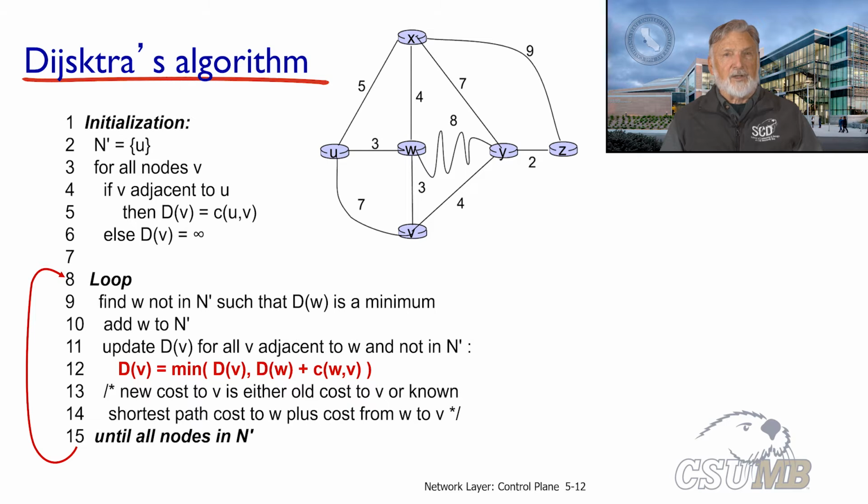Compare the newly calculated tentative distances to the currently assigned values and assign the minimums as the new tentative distances. Loop back to step 8. Select the next unvisited node with the smallest tentative distance and make it the new current node. Continue this process until all nodes have been visited and all links examined.